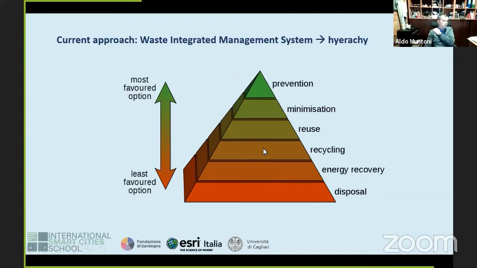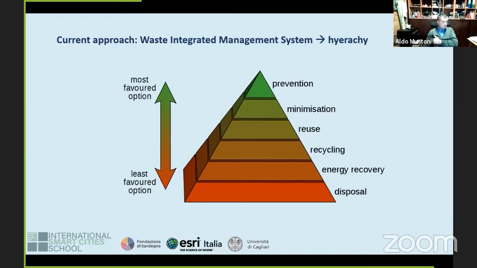This is a picture which summarizes the current approach to waste management according to the European Union directives. So what we call the integrated waste management system is based on a hierarchy.